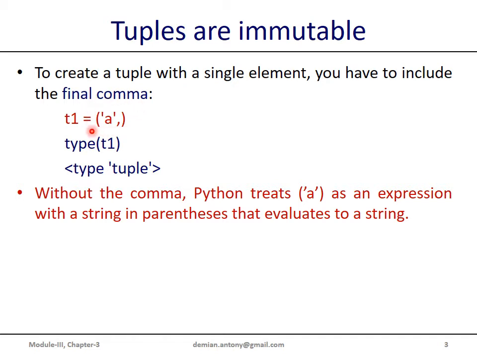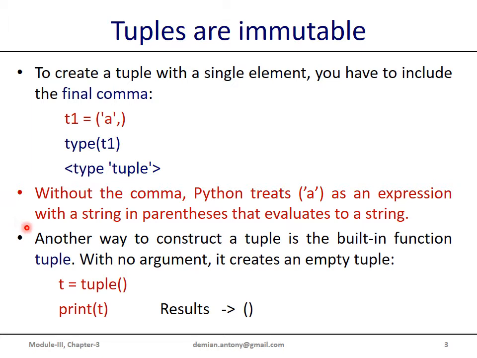So in order to avoid this ambiguity at runtime, we need to use a comma at the end of the first element. Now this is considered a tuple because there is a comma at the end of the first element. If you don't put a comma, then t1 equal to a is considered an expression.